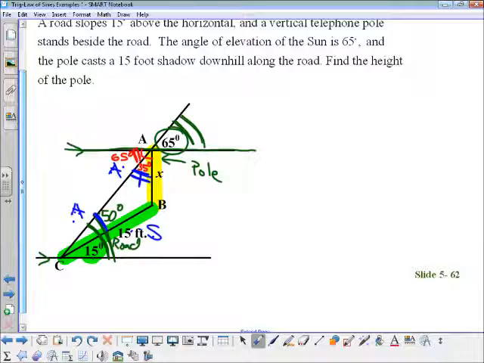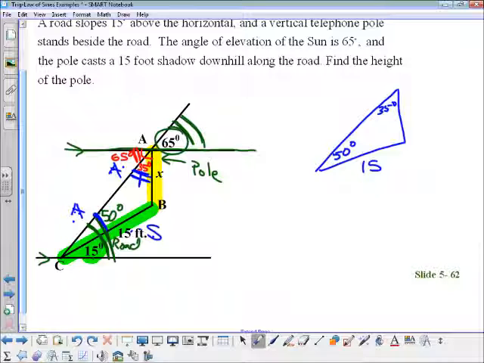Okay, so sometimes it's worth it to try and redraw this triangle that matters. Okay, this is 50, this is 35, and this is 15. Okay, clearly shows angle, angle, side. We are looking for this length, or that side, x.